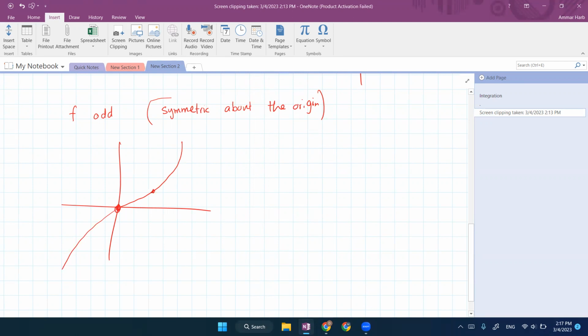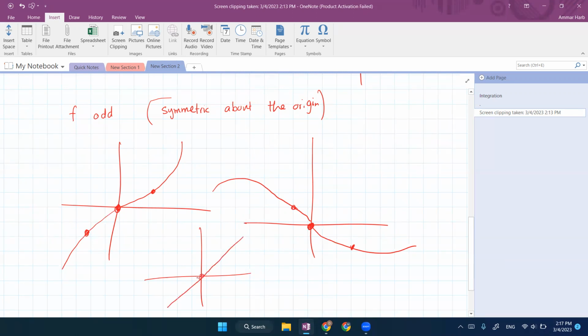Any point here has an image across the origin. Or maybe another graph is this one, like this, across. It is symmetric across the origin, as we see here. Maybe this line, symmetric across the origin. So same thing with this line.